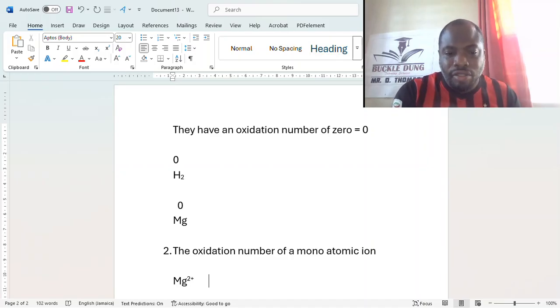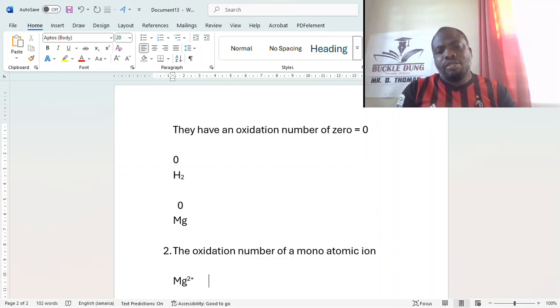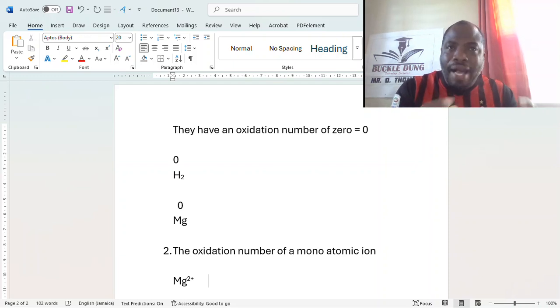Now, please note, for the ion, we write the number before the charge. A lot of times, even as teachers, and I won't lie, you might write plus 2. No, you should not do that. If you're talking about the ion, the number or magnitude comes before the charge.